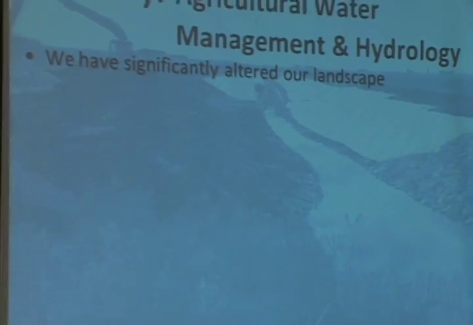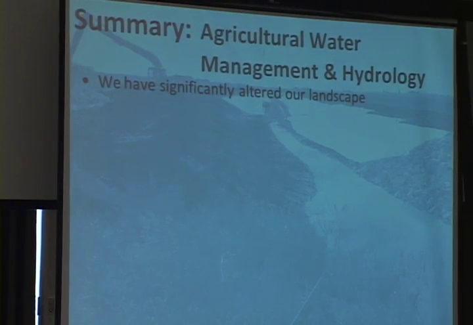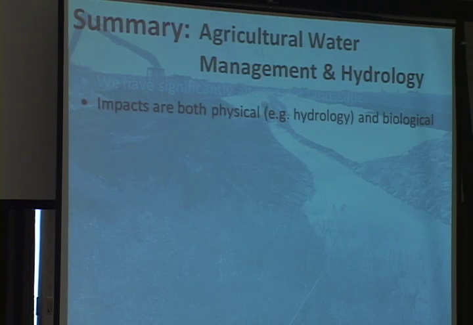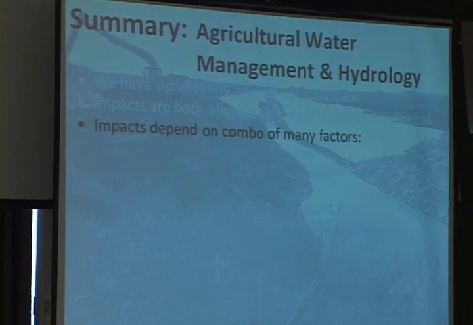So in summary, we have significantly altered our landscape. There's no question about that. The impacts of that alteration are physical, biological, chemical, and other types of impacts as well.